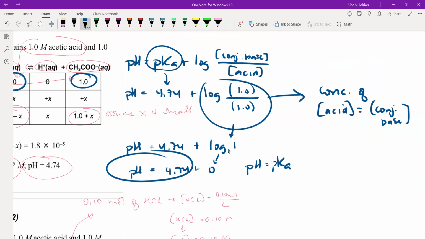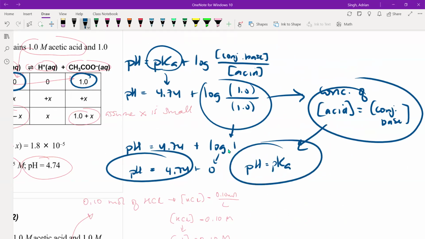Okay, so whenever you have this situation occurring, the pH of the buffer will simply be equal to the pKa, because when you take the log of 1, which is what we get when we divide the conjugate base by the acid concentration, that gives us 0.